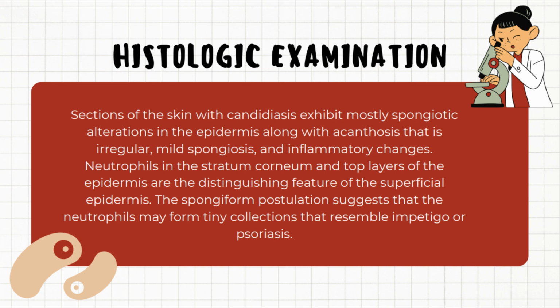Neutrophils in the stratum corneum and top layer of the epidermis are the distinguishing feature of the superficial epidermis. The spongiform pustulation suggests that the neutrophils may form tiny collections that resemble impetigo or psoriasis.